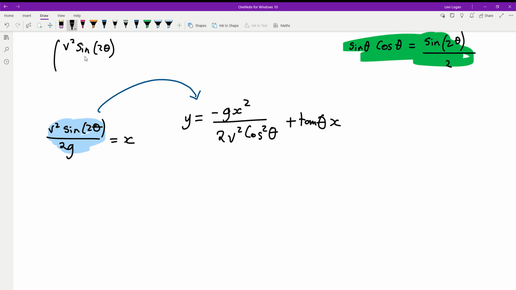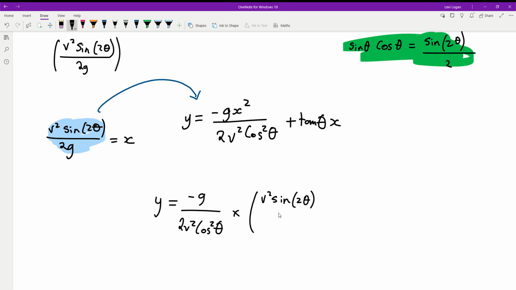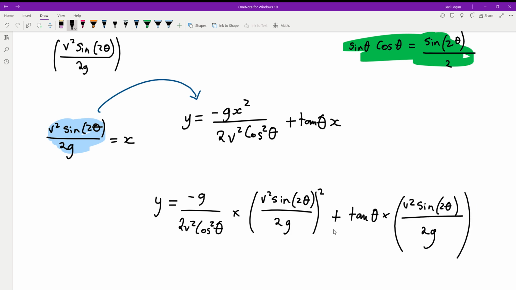So we're going to have y equals negative g on 2v squared cos squared theta, times v squared sine 2 theta on 2g, all squared, plus tan theta times v squared sine 2 theta on 2g. Okay, and from there we're going to start working this out.